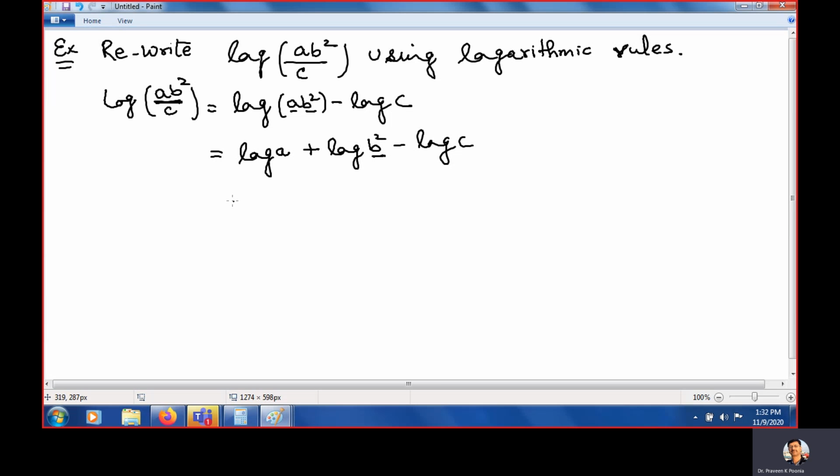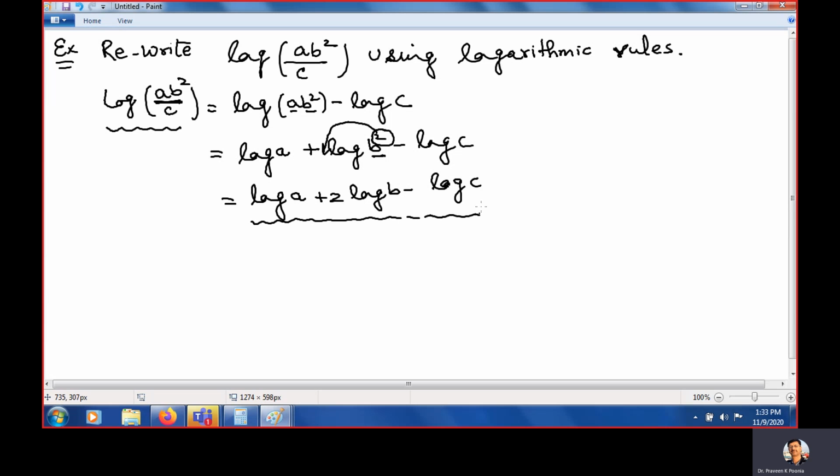But now the power is also there. So we will use the property of power, log A plus. This power will be shifted to the start here. So it will be twice log B minus log C. So this is how to rewrite the logarithmic expression using logarithmic rules. Clear? This is not difficult, but you need to remember the three properties.